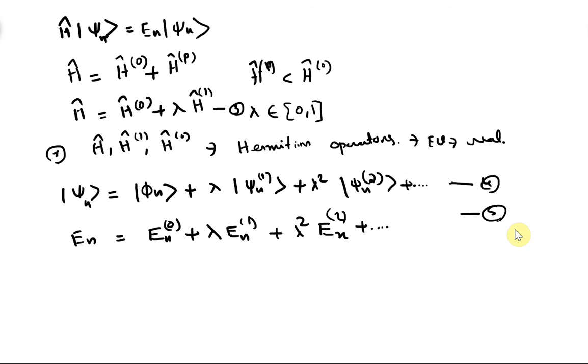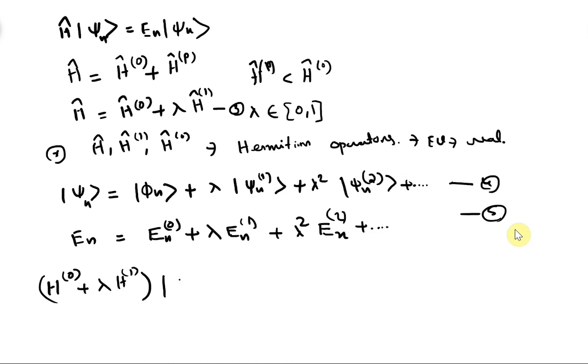So our Hamiltonian is changed now. Our Hamiltonian is nothing but h naught plus lambda h1, that is my Hamiltonian of the unknown problem, acting on psi n.